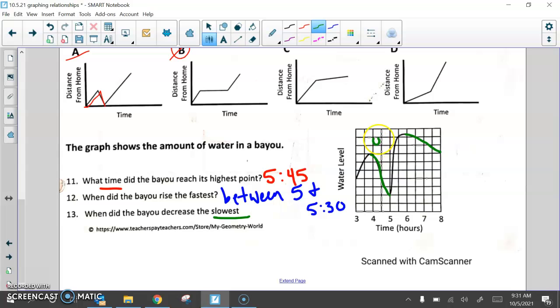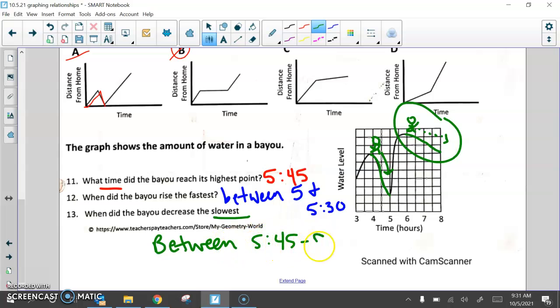So if you were a person running, here you'd go almost straight down. Here though, that's a nice little hill you can run down. So decreasing slowest is going to be this section on the right, which is between 5:45 all the way to 8 o'clock.